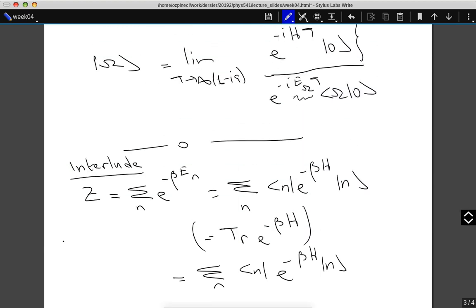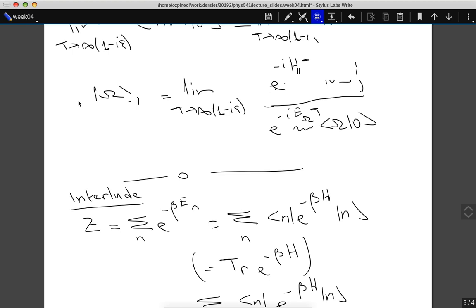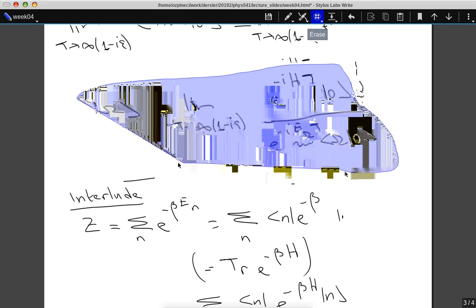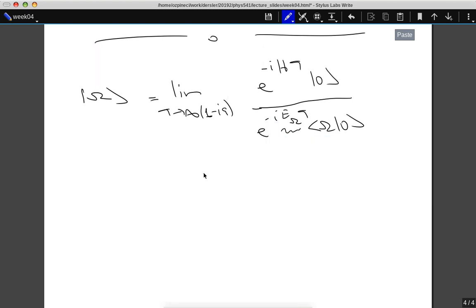Okay, that's not our problem. Let's just go back. Let me change this slightly. Well, t goes to infinity or t0 plus t goes to infinity, they are the same thing.